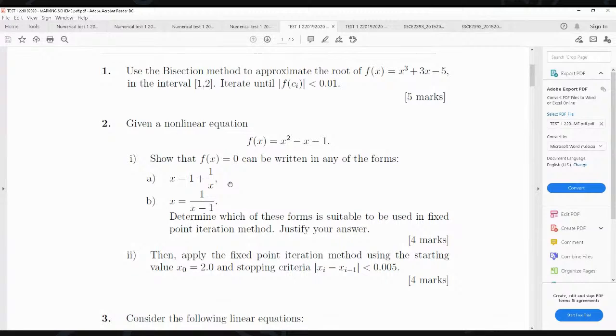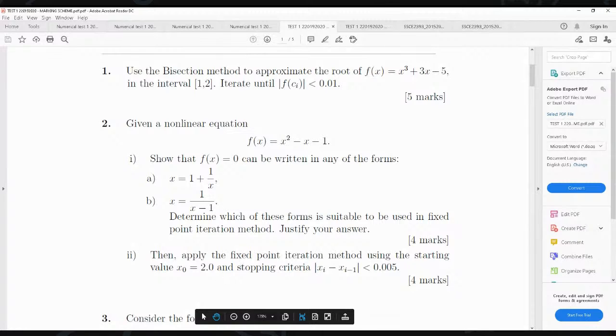Second, you need to find g prime x between -1 and 1 to show that you can go to the iteration. One of them will be the answer. To find that, you need to show g prime x is less than 1 and greater than -1 by inserting the initial value 2.0.